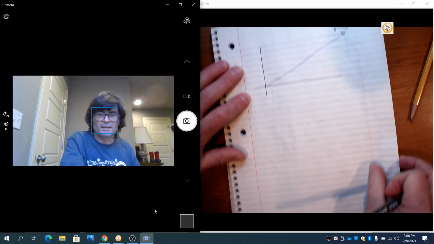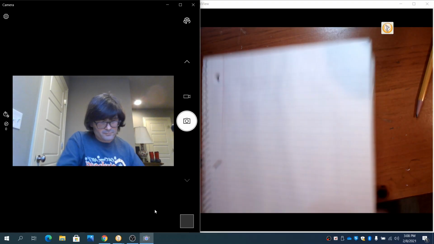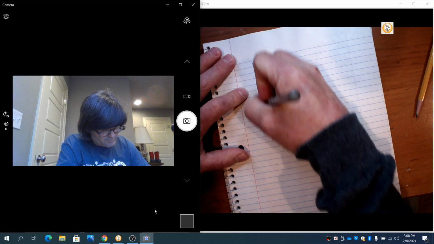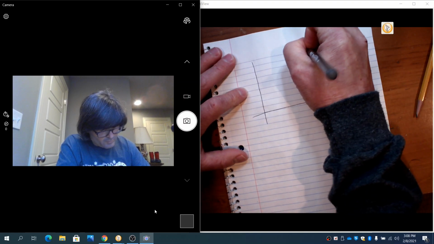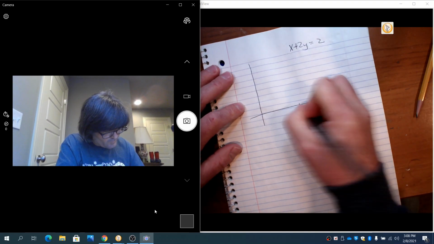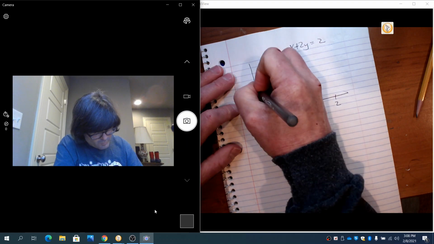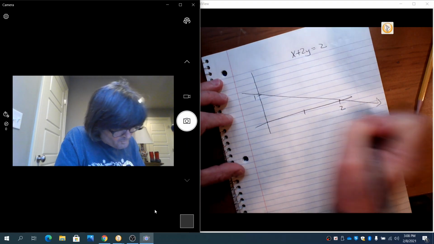Hang on, it is not that line. Let me draw that again. x plus 2y equals 2. One more time. We've got 2 and 1, and this line's going to look like that.